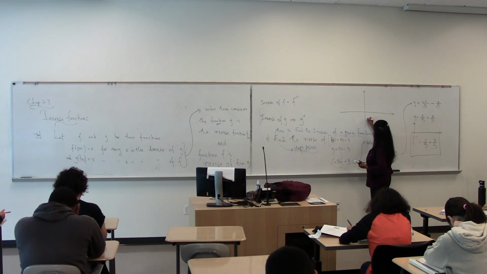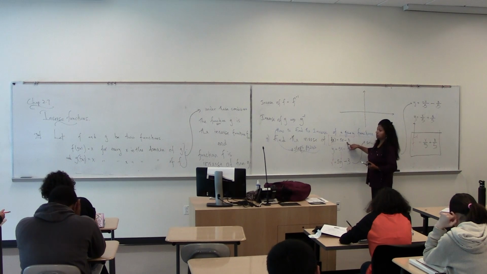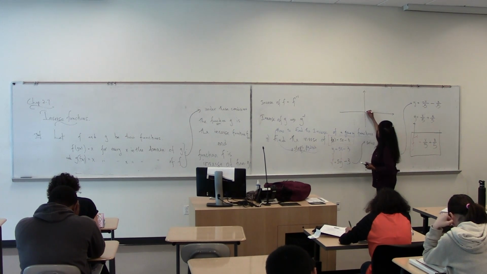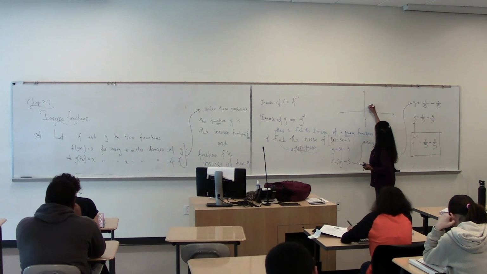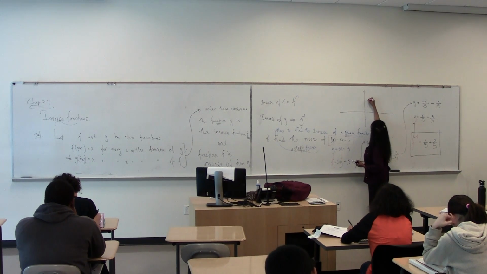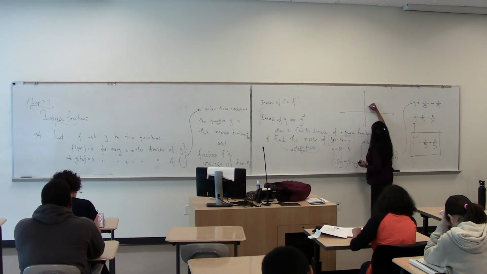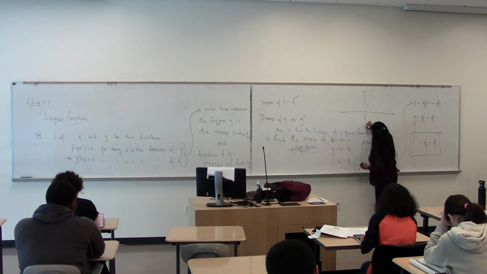I can go to the negative 3, slope 5, go up 5, over 1, go up 5, over 1. We know this, right? This is how we graph this line.